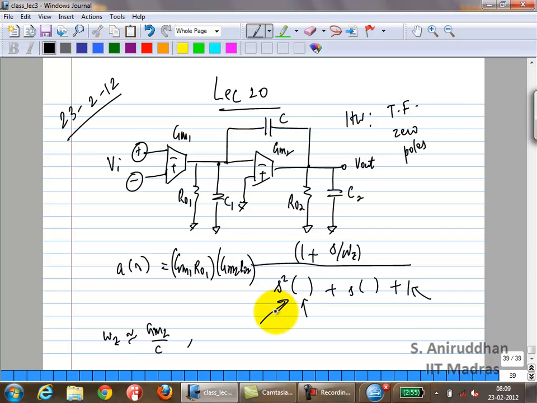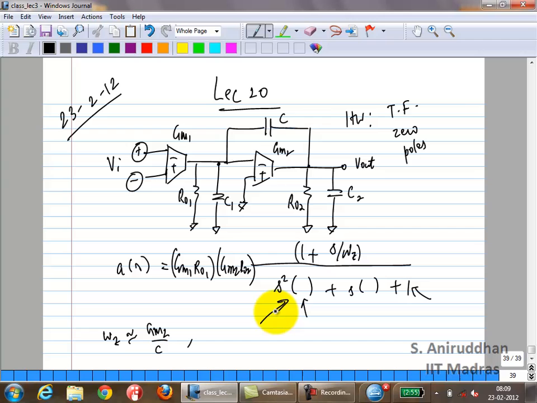If you have a case like that, so those are the two poles, right? In the denominator. So this is actually a quadratic. If you want to separate the two poles, there are some easy ways to approximate the pole positions, right? Because one root is going to be very small, other root is going to be very large.